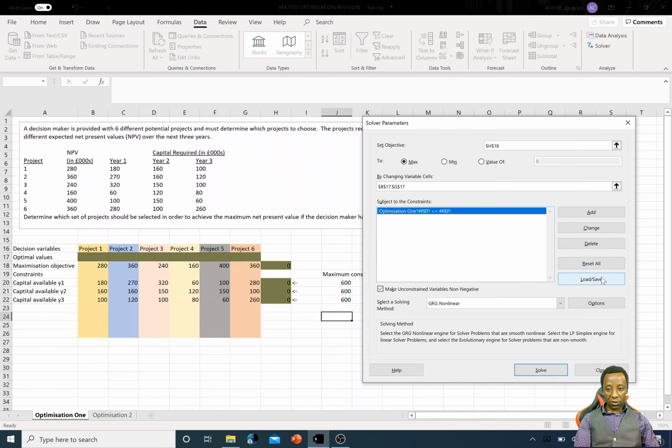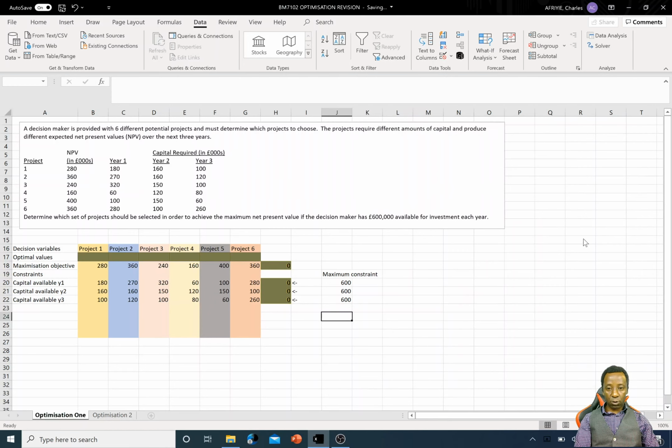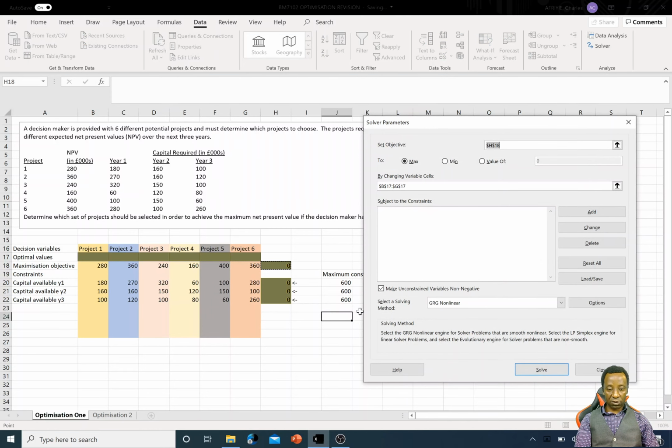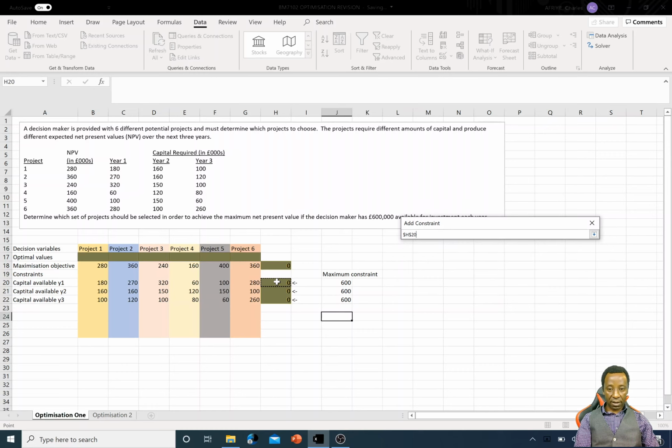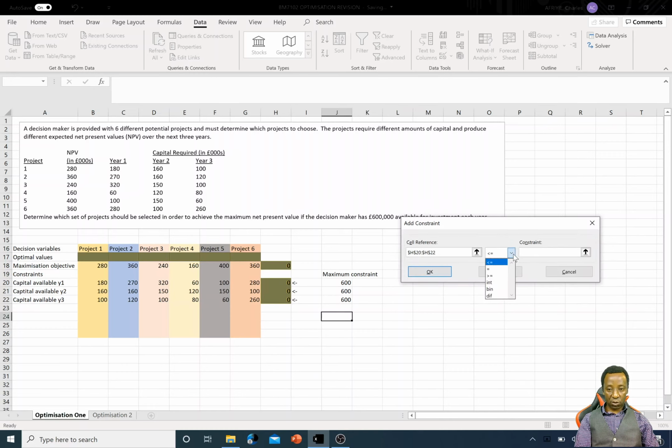And then we need to bring in the constraints. We can do it individually, but because these three are all less than or equal to constraints, we can just add them together collectively like so. On the left side of this menu, we can bring these in and make sure that we've selected the less than or equal to.